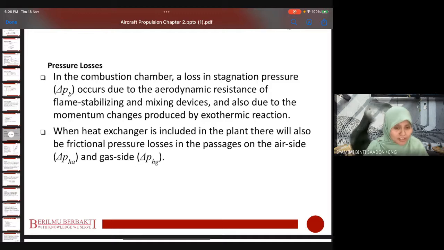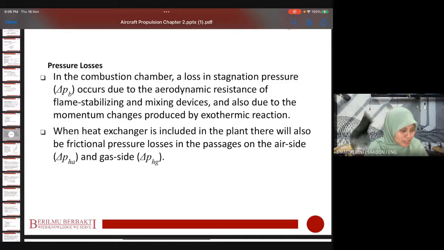entering and exiting the combustion chamber or the burner. This is due to the resistance, flame stabilizing, mixing device, etc., and also due to the momentum change produced by the exothermic reaction. Exothermic reaction is the chemical reaction in the combustion process. So due to those, this leads to the pressure loss during the combustion process in the heat exchanger.